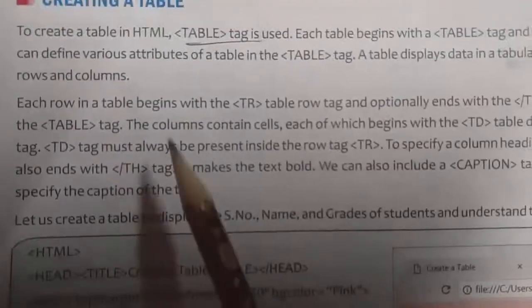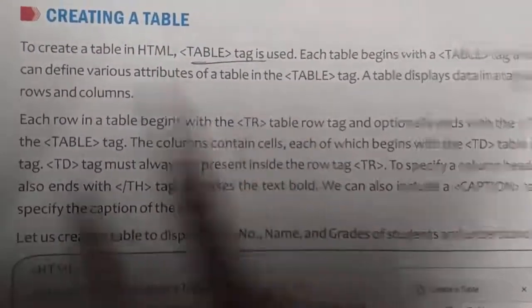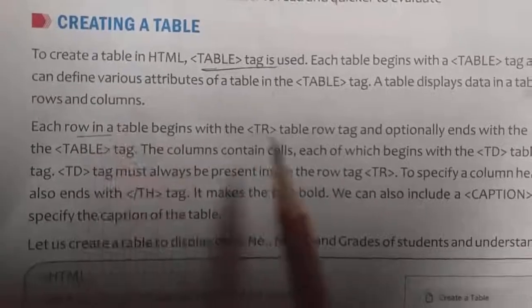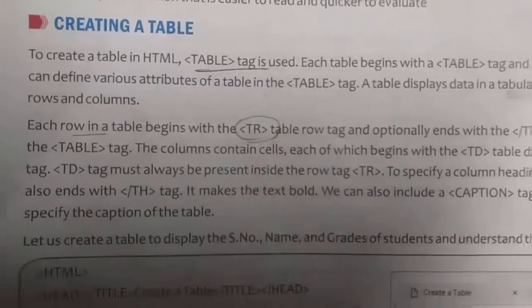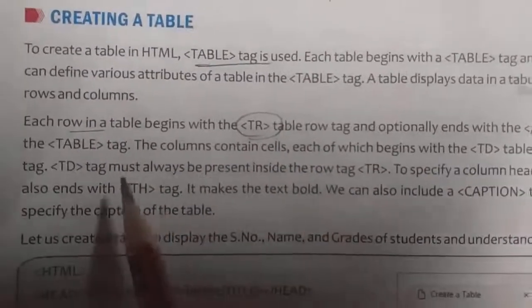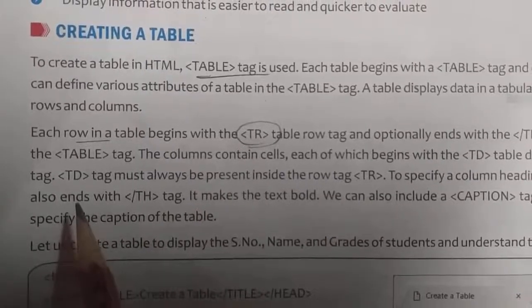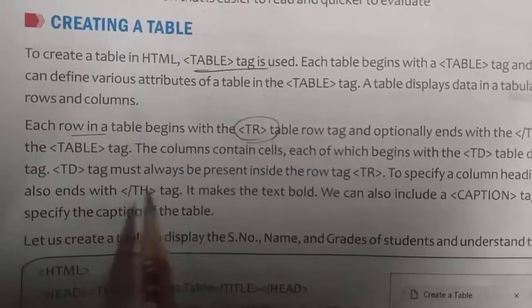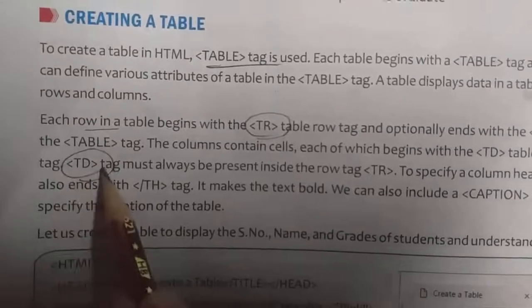Each row in a table begins with the tr tag. To create rows inside the table we use the tr tag, and to store our data inside the rows, we use the td tag. To specify a column heading we use the th tag, which also ends with a closing tag.